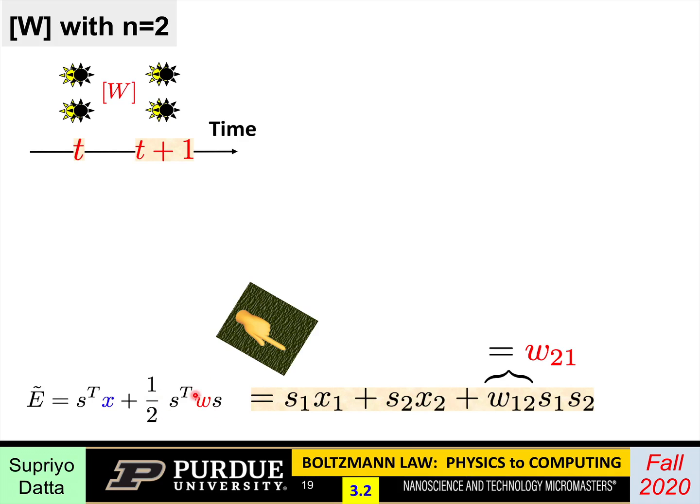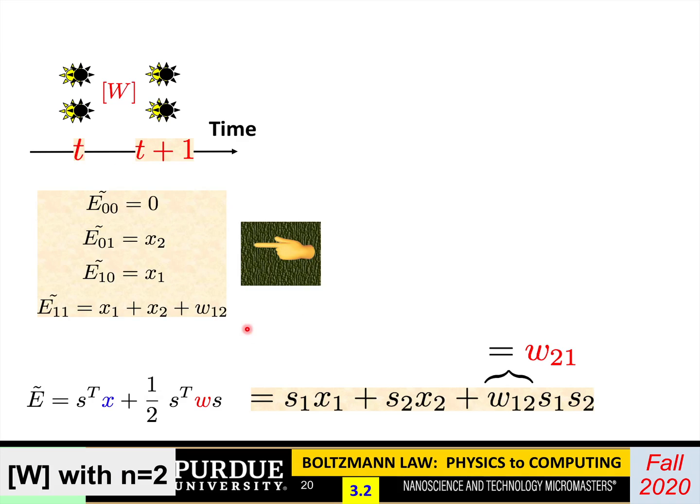And the interaction term will give you this W12 S1 S2. And note, of course, these are Boltzmann networks, where W12 is equal to W21. I should distinguish between the small w, which is the weight matrix, and this big W, which is the transition matrix. The small w is n by n. The big W is 2 to the power n by 2 to the power n. Different matrix. Anyway, this small matrix is symmetric for Boltzmann networks. The big W though is not symmetric.